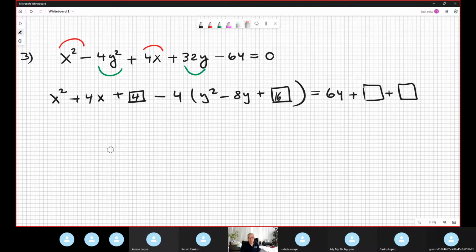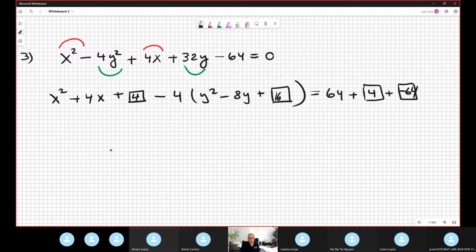Okay. Now, in order to keep the equilibrium of the equation, I need to put some number in the right hand side. Obviously it's 4. That 4 is exactly that 4 because we have no parentheses and multiplied by any factor. But 16, yes. 16 multiplied by negative 4 is negative 64.